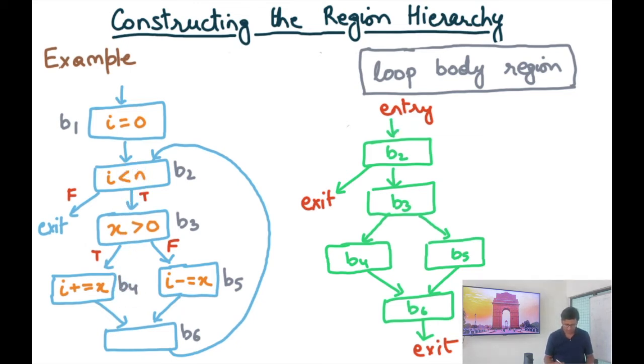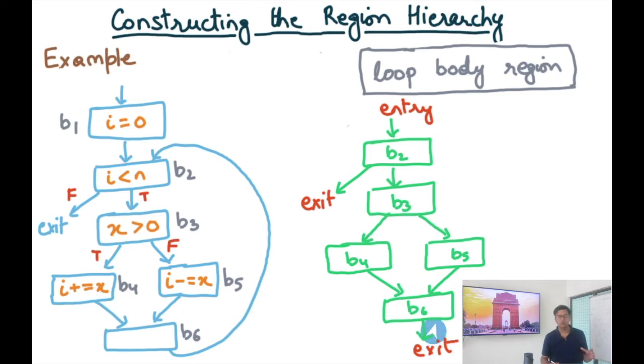And this is going to be the entry, and it's going to have two exits this time. Notice that one exit is actually going to the program exit. So one exit of the region is going to go to the exit of the program. And the other exit of the region is not going to go to the exit of the program, but it is going to go to the back edge. And recall that in the loop body region, I'm not including the back edge.